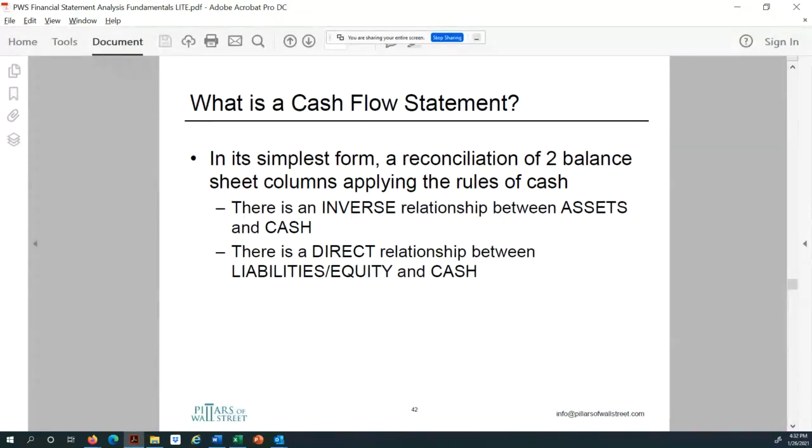If it's an asset, cash goes down. Exactly. Let's say you're paying an insurance premium in advance. January 1st arrives and I make the premium payment. Prepaid expense goes up because I just made the payment, and cash goes down. Inverse relationship.